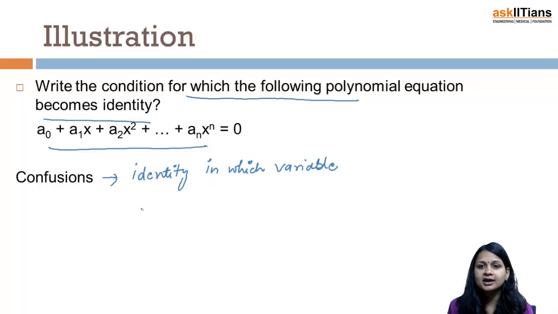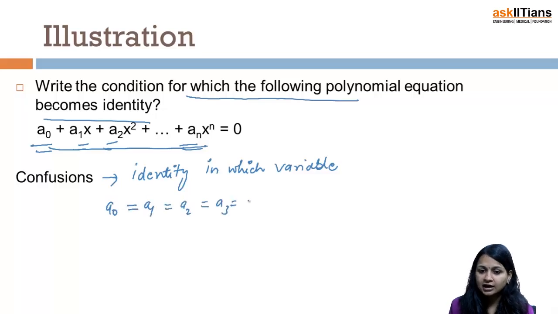The second thing is, many students think that I will say only A0, A1, A2 and AN are 0. That is not correct. All coefficients should be 0. So that means A0, A1, A2, A3, A4, all of them till AN should be equal to 0 simultaneously.